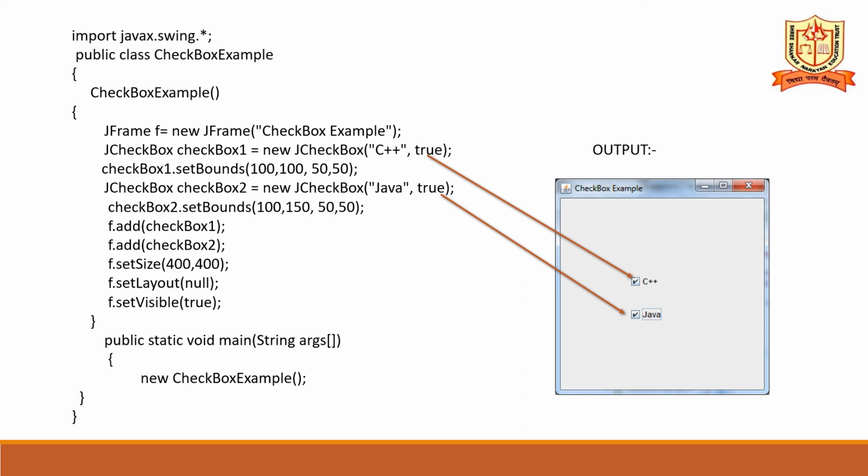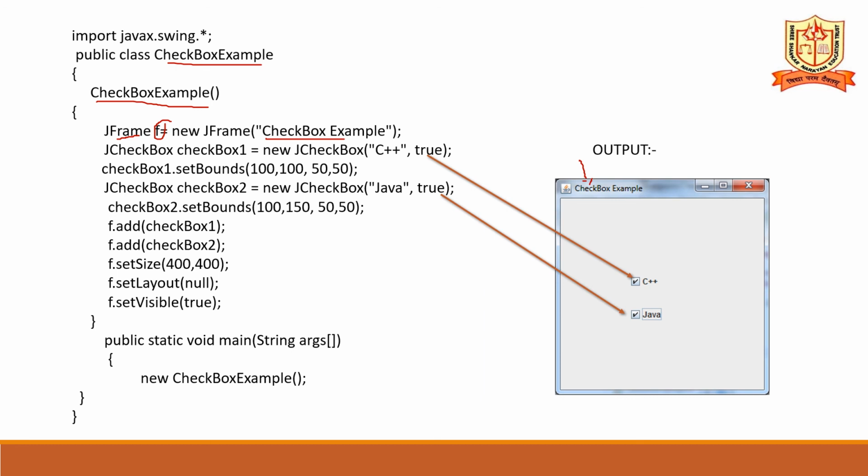First, we have to create the class, and after that we are creating the constructor of that class. Here, CheckBoxExample is the class name. We are creating the constructor of the class, and after that we are creating the frame, and f is the object of the frame. And what is the frame title? CheckBox Example is the title of the frame.